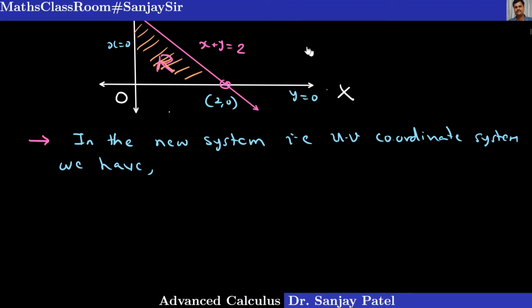So we have x equal to 0, y equal to 0, and x plus y is equal to 2 are the three, say, sides of this triangle.